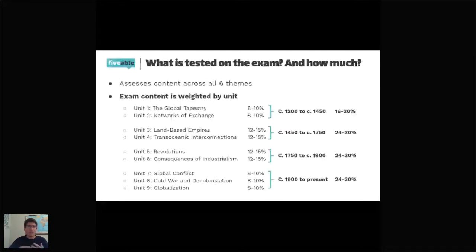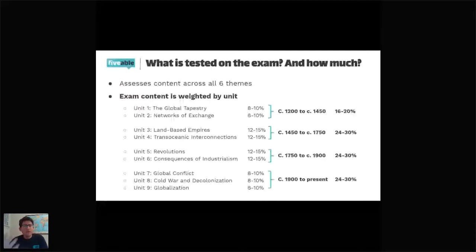It's what we used to call period 4 in the course, 1450 to 1750. And it makes up a larger percent of the test. Somewhere between 24 and 30% of the questions will come from that time period. That is the time period of European exploration and colonization. Also, you'll see some powerful empires in China and India with the Mughals, etc.